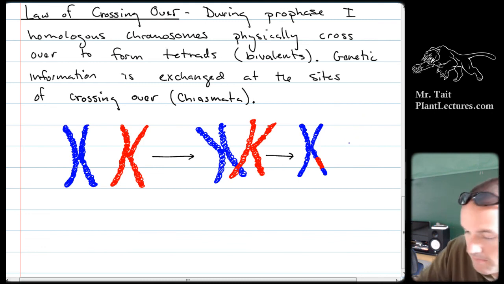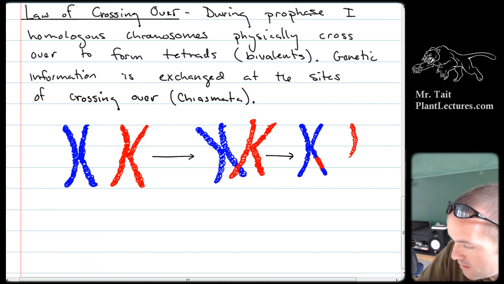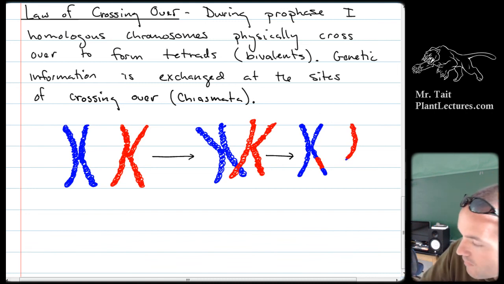Then this one is again going to be mostly red, but it's got the identical spot crossed over. Like this, and then this one didn't cross over at all in our example.